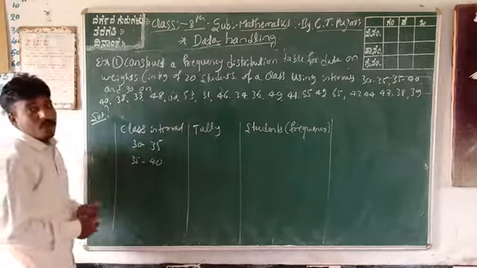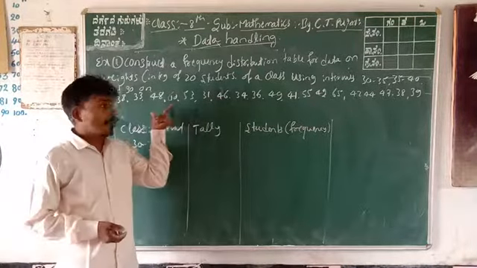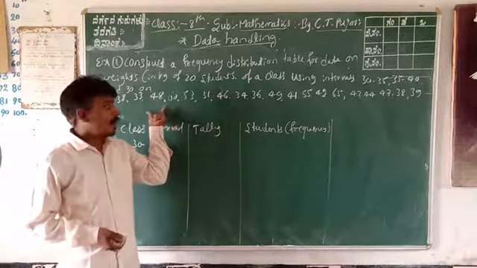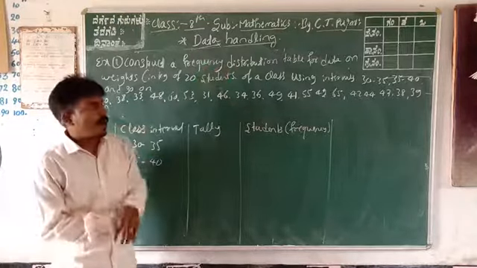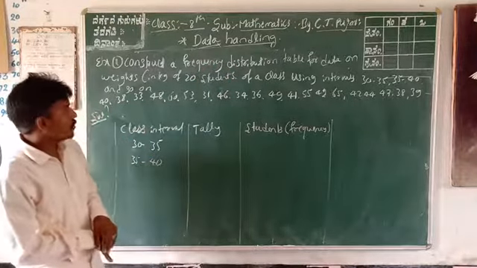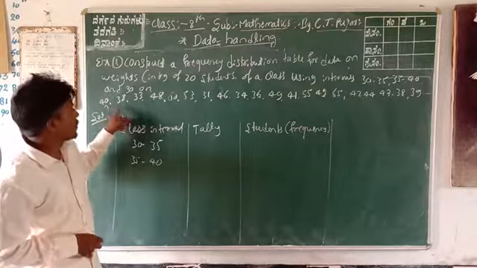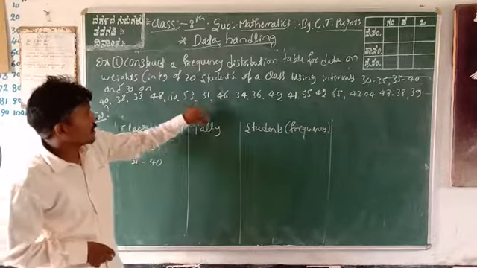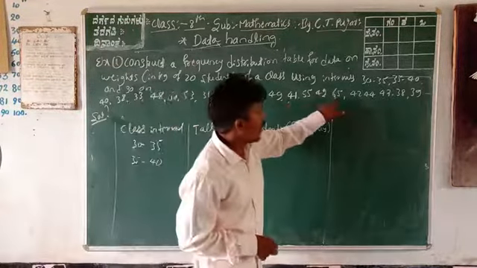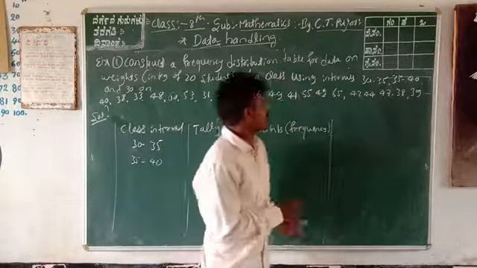Next, you know about the range. Range means from the lowest data to the highest. Which one is the biggest number? 60, 65. Only 65 is there.